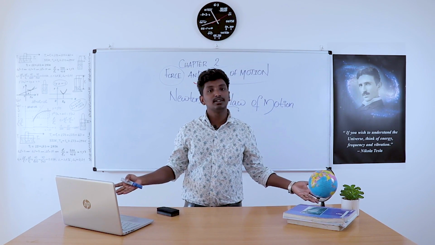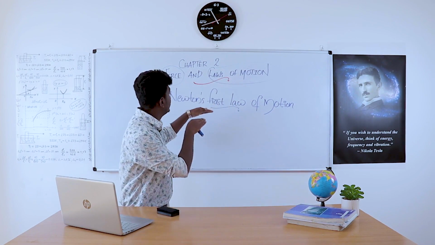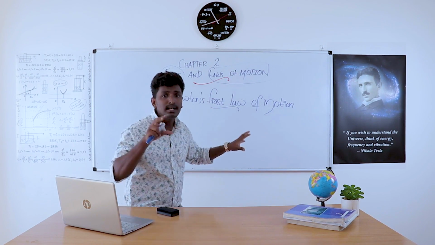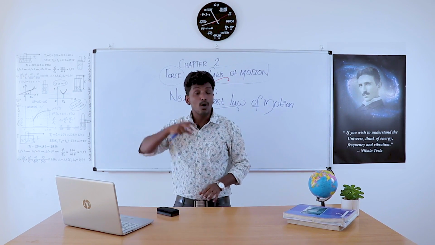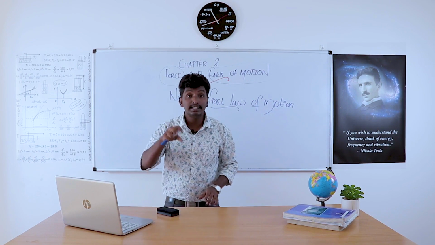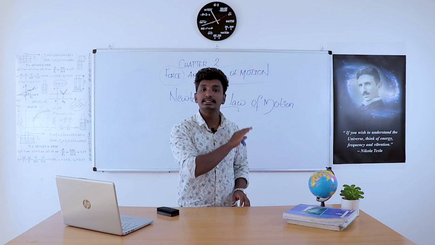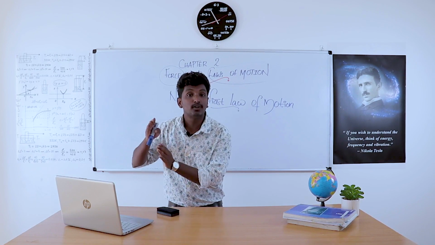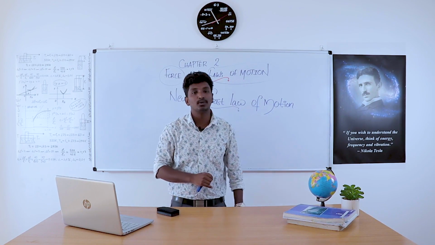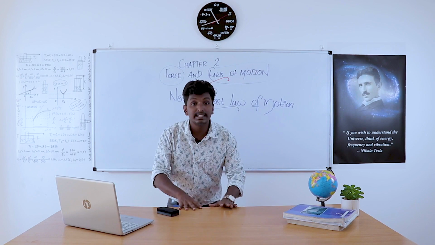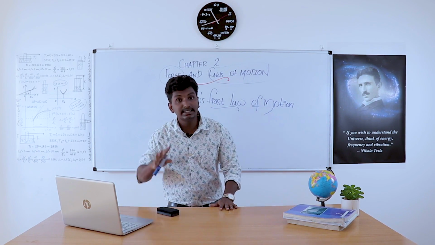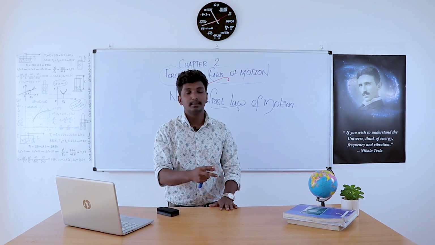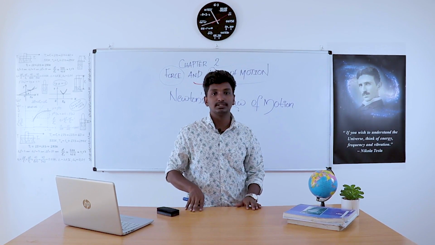That's simply Newton's first law. Now we can define Newton's first law as: every body continues to be in a state of rest or of uniform motion until an unbalanced external force is applied on it. That means an unbalanced external force can change the state of the body. If the body is at rest, we can change the state of rest and make it move forward or backward by applying an unbalanced external force.